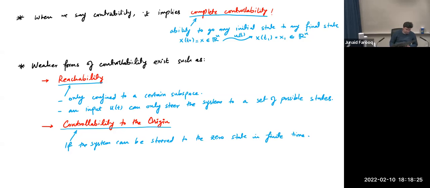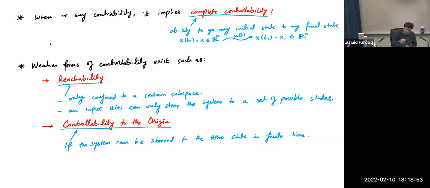For example, if you're driving a car, obviously you cannot make the car fly into the air, but you can always bring it to a stop using your brakes. So there is not complete controllability, but there is controllability to the origin at least. That's one weaker form of controllability.